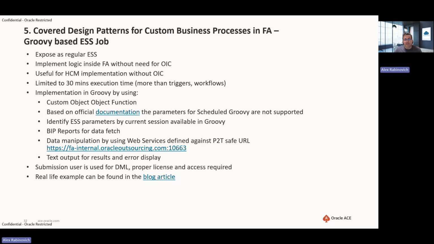There are implementations that do not have OIC, and this can give you a lot of flexibility to run any type of custom logic without working with OIC. In comparison to workflow, this gives us 30 minutes of execution, and we have full control of what's going on.